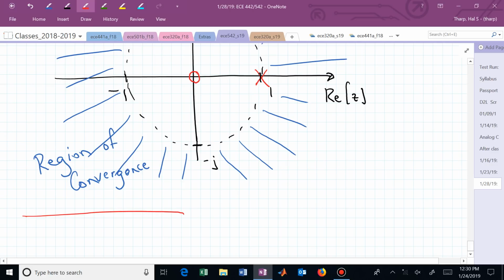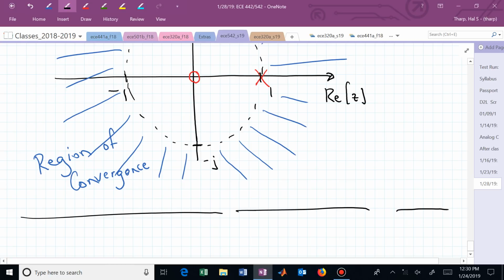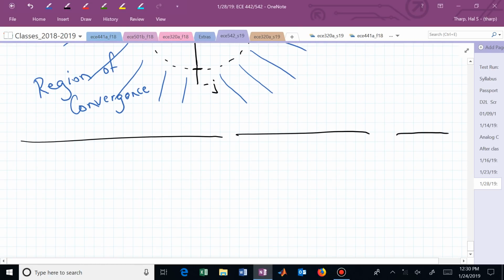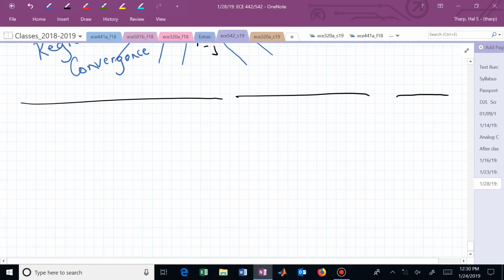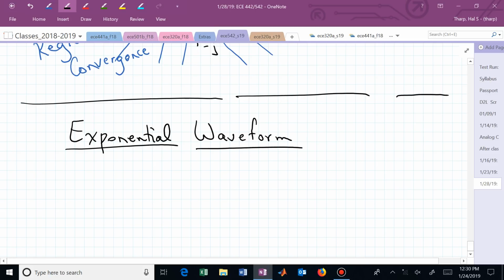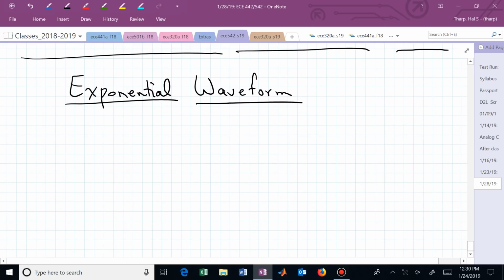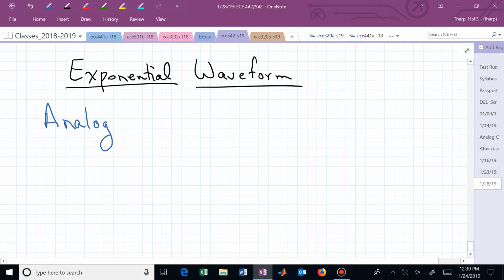Let's now look at another common waveform. And before we maybe even get into that, let's just do another aside and examine the exponential waveform in the continuous time setting, or the analog signal.